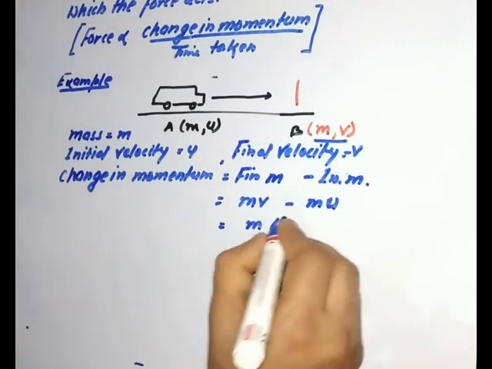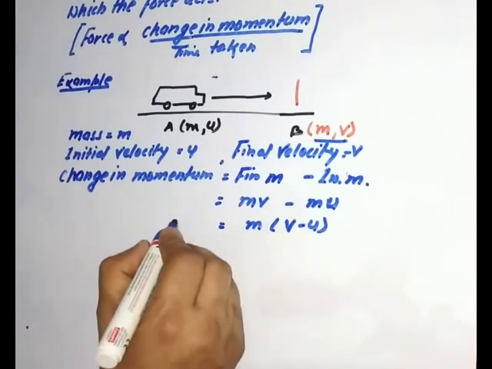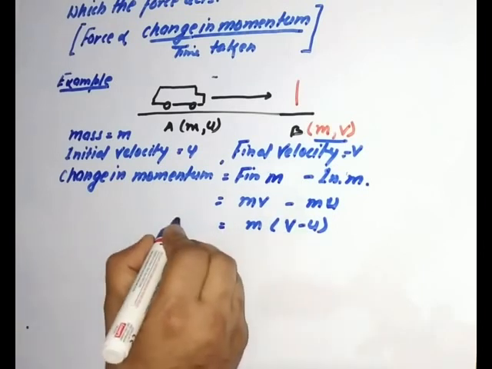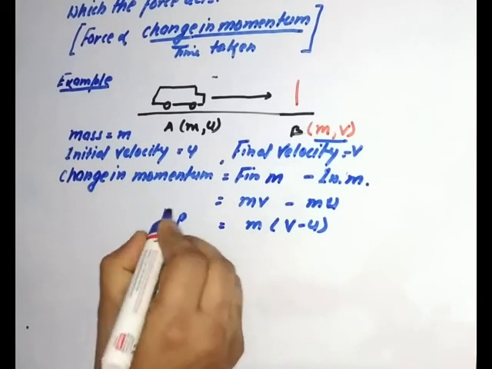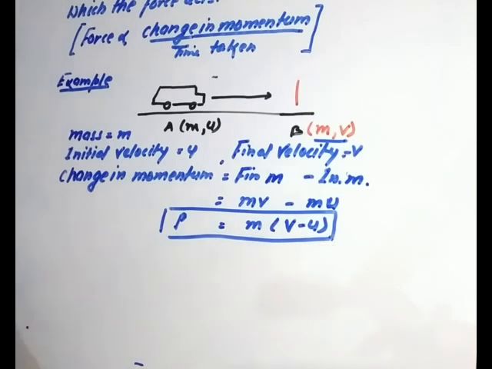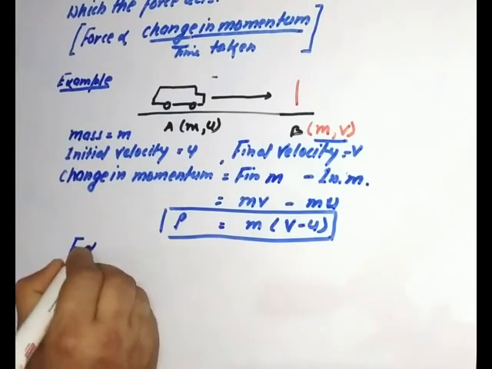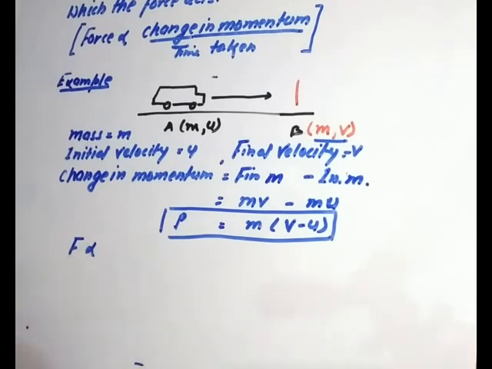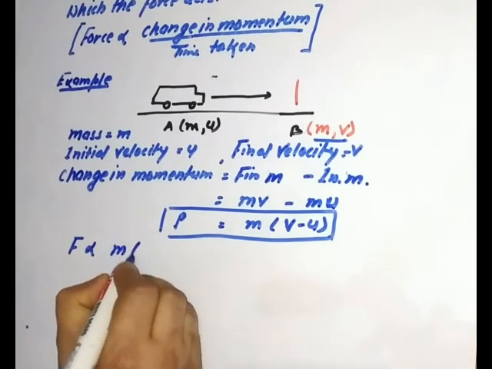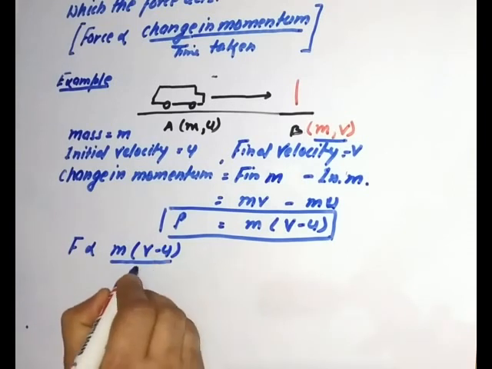M is common, v subtracted by u. This is the change in momentum. So we can say that force is directly proportional to change in momentum, m into v minus u, upon time taken t.